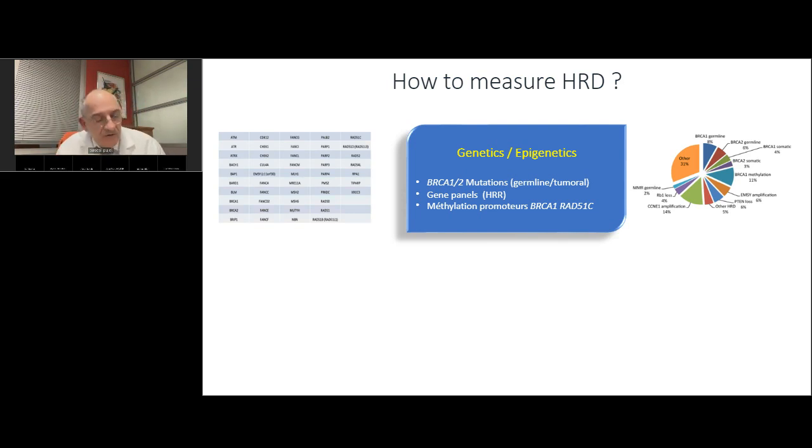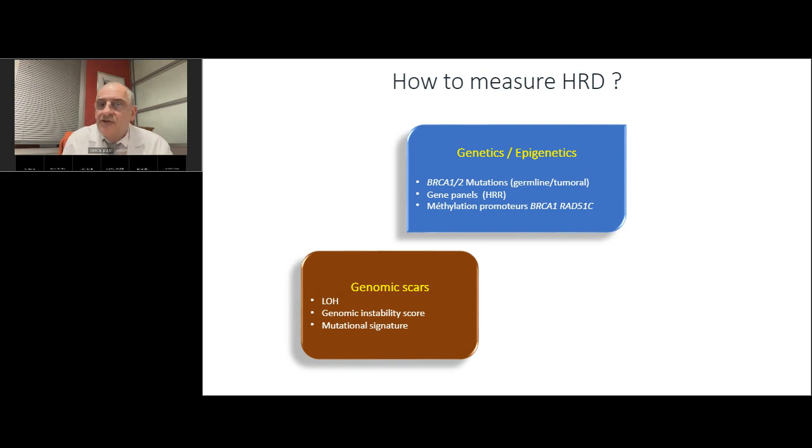Another way is to look at the consequences, and the consequences of HRD is genomic scars. So why don't we look at the genomic scars? A simple way to do it is looking at loss of heterozygosity, LOH, and it works. Another way is to look at genomic instability score.